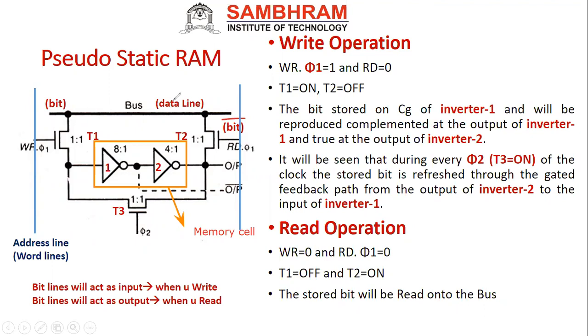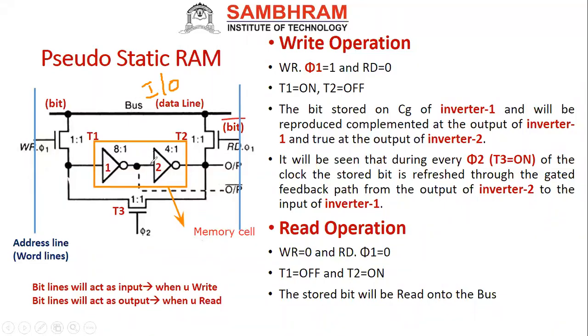The bus will carry the data line, in the sense this bus will carry the input and output data, the IO actually. Now you need to know when it will carry the input and when we will get the output.